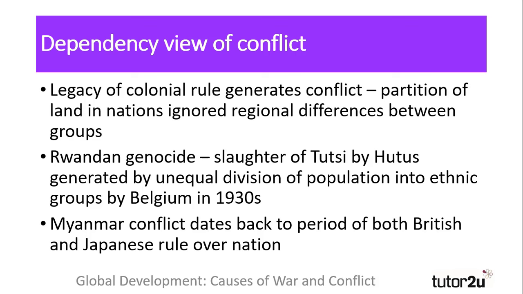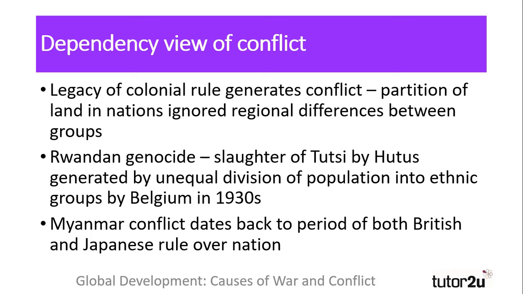Furthermore, dependency theorists argue that the legacy of colonialism is to blame for conflict in the developing world. Most notably, they point to the Conference of Berlin that divided up the African continent between colonial rulers, failing to take into account traditional differences between groups and their claims to ancestral lands.